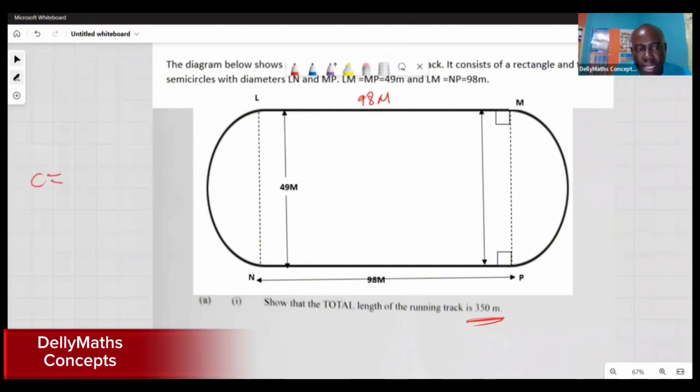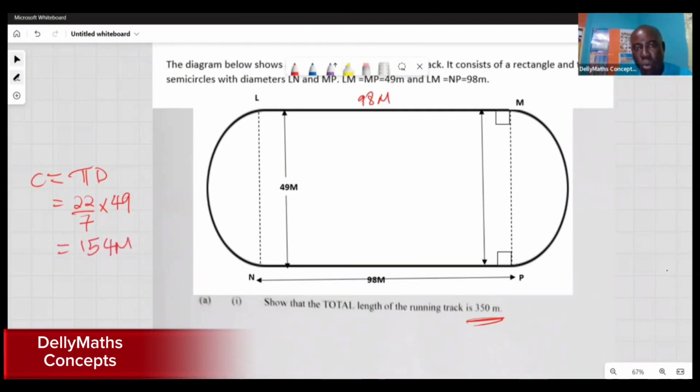Circumference can be calculated by using pi times diameter or 2 pi r, but because I have the diameter, I'm going to be using it. So circumference is equal to pi, which is 22/7, times the diameter, which is 49. So if we cancel this out, we are ending up with 154 meters.